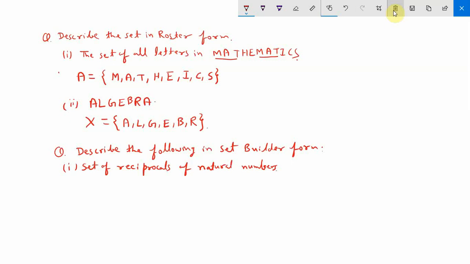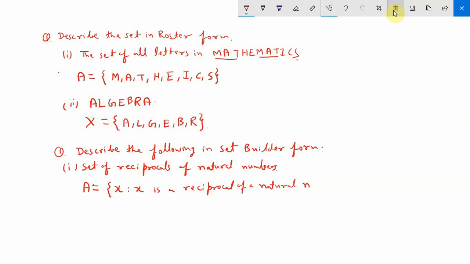So how can we write that? See, we can write this as, if A is the set, then A equals X such that X is a reciprocal of a natural number.